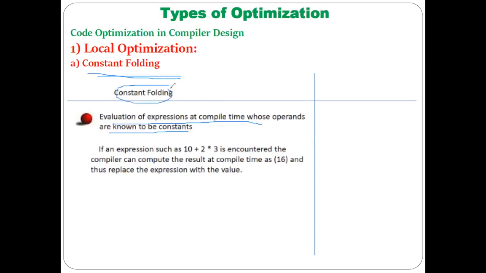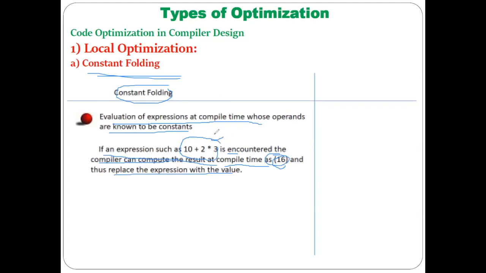Let's see: if an expression such as 10 plus 2 into 3 is there in your code, the compiler can compute the result during compile time only. The result will be 16, and the compiler replaces this expression with that value. So if all the values are present, then evaluation can be done at compile time only.